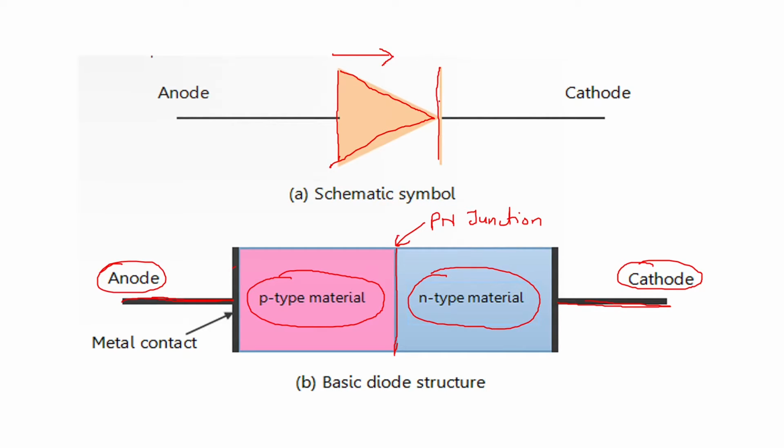So we have an arrow and one bar. The terminal connected to the arrow is the anode terminal, and the terminal connected to the bar is the cathode terminal. So this is your P section and this is your N section.